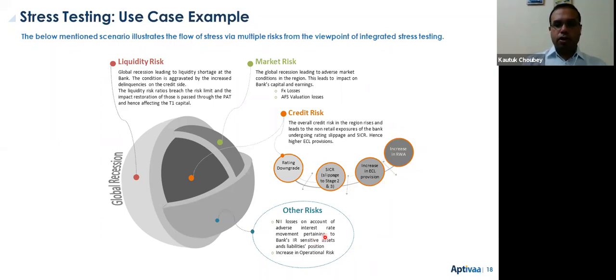And then there are other losses like an increase in operational risk during the same time, and also the interest rate sensitive assets and liabilities take a hit due to the adverse movement in interest rates.